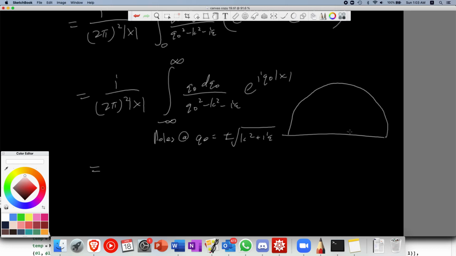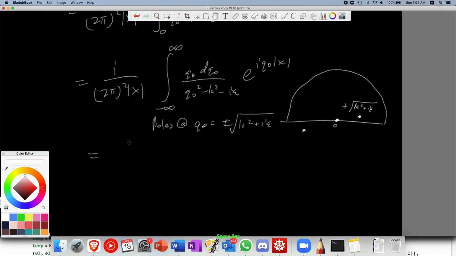This one is slightly tilted, so if this is 0, then our poles are slightly here, because we have a plus I epsilon component, and slightly here. So you can see that this contour only encloses one of the poles, which is the plus square root of k squared plus I epsilon term.